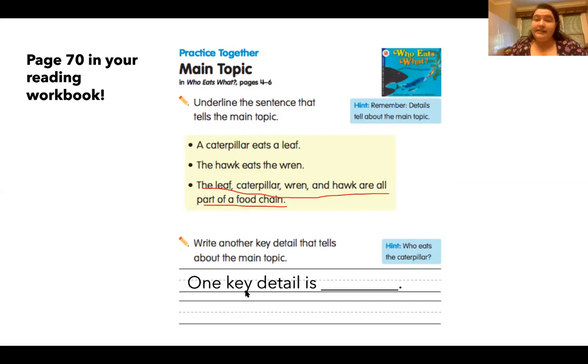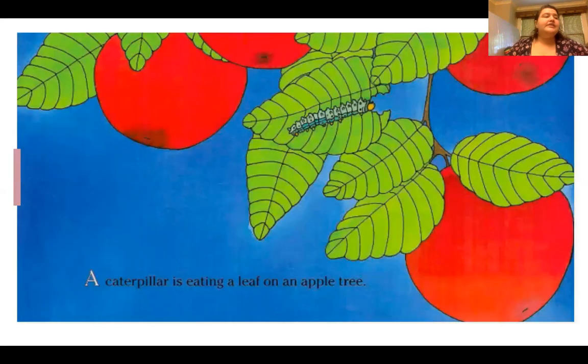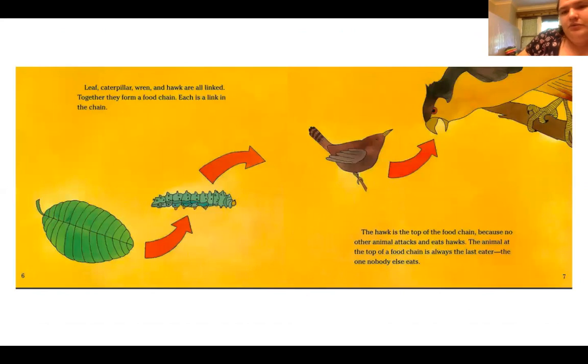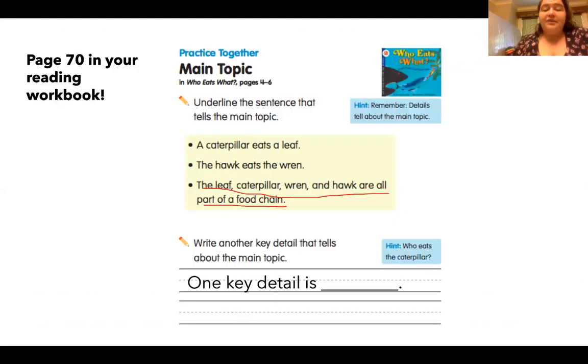Now, one key detail, well, here the main topic is about the food chain. So key details could be what is in the food chain. So one key detail that I could say would be that a caterpillar eats the leaf.